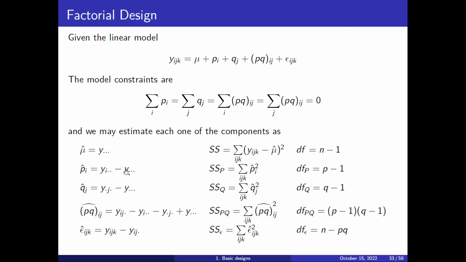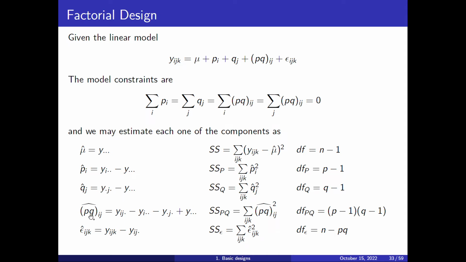And then, how to estimate these things. These equations are only valid for balanced designs. The overall mean is the mean of all samples. The main effects we have already seen. So this would be the mean of males minus the overall mean, the mean of females minus the overall mean, and then the same for the age.